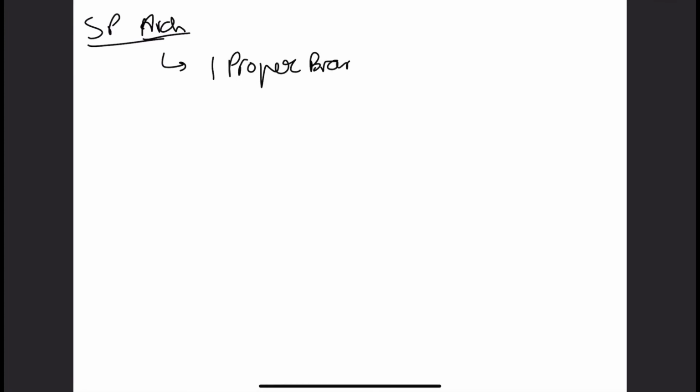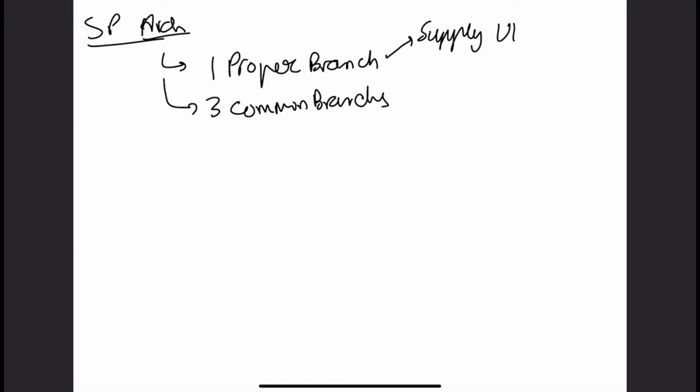So now talking about the arch in particular, the superficial palmar arch. It has one proper branch and 3 common branches. The proper branch will supply the ulnar aspect of the little finger. So now I will show you the diagram of your superficial arch.